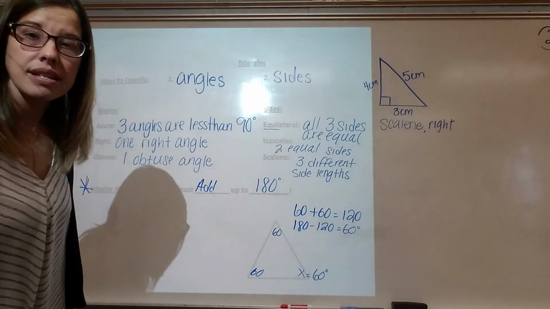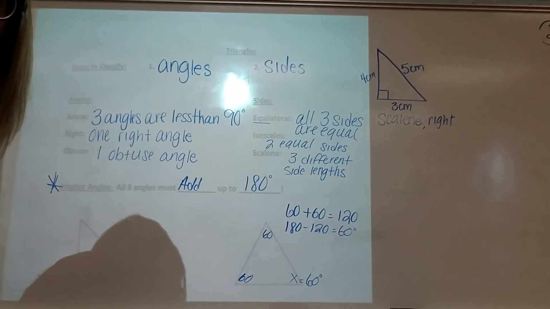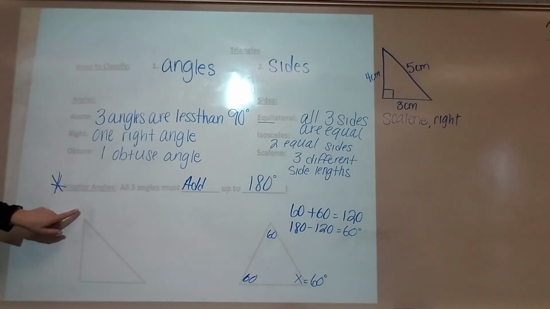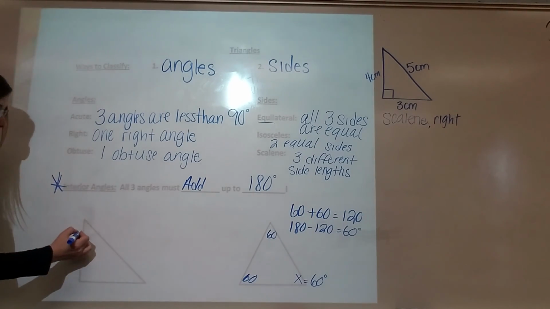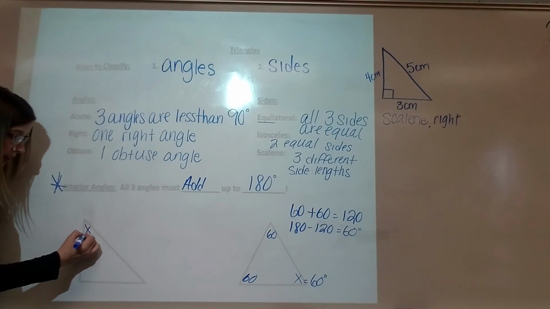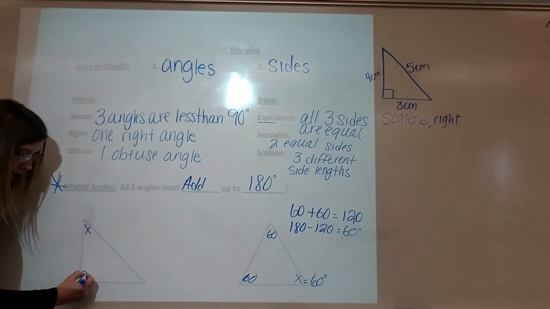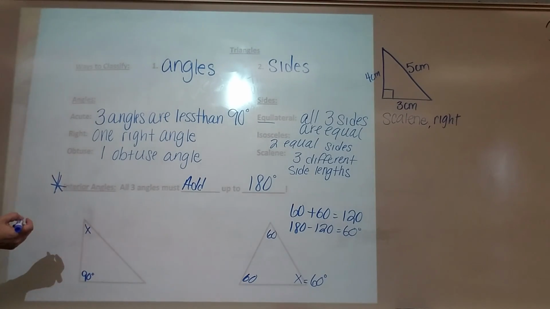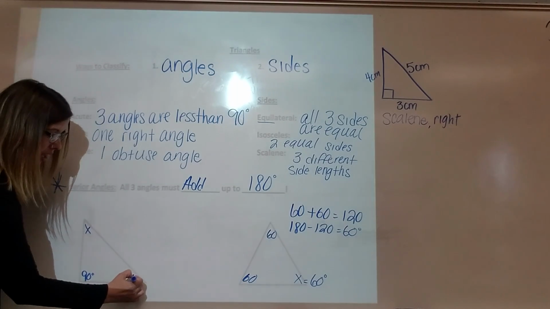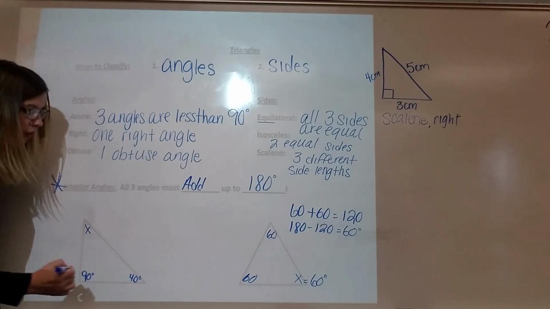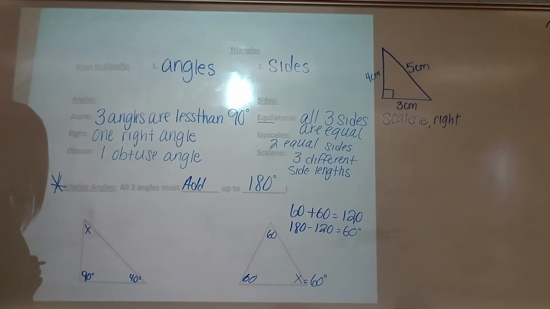So if you look at this example over here, I'm going to move it a little bit. Right here, okay, we have this triangle, and I want to find this angle right here. Well, I'm going to say this one is 90 degrees, okay? And I'm going to say that this one is 40 degrees, okay? We have to find x.